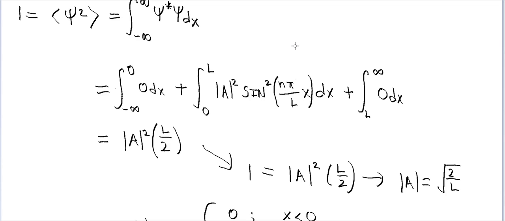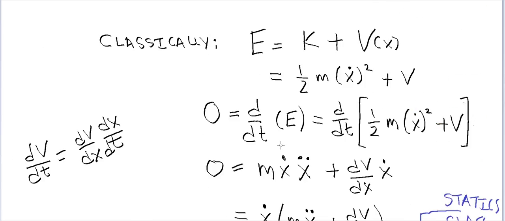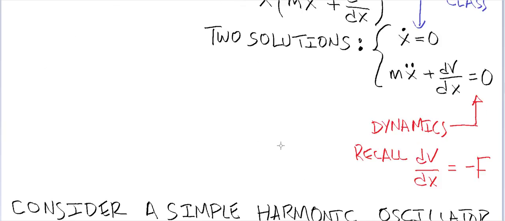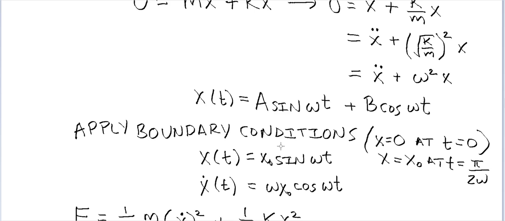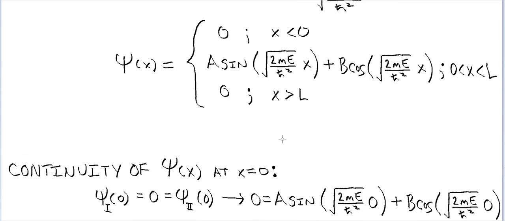We already said that for sine squared, the expectation value is half. So from 0 to L, this is just L over 2, right? That was way back here, I think. Yeah, right.